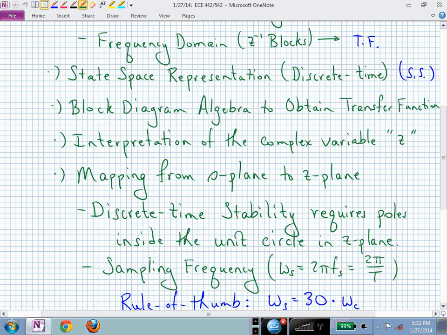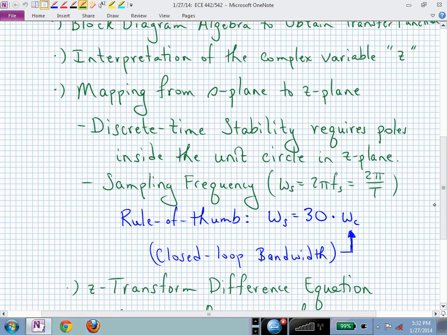In particular, that will illustrate why now we're concentrating on the unit circle in the z-plane for stability versus the entire complex left half plane in the s-plane. The entire left half s-plane maps into this smaller region in the z-plane which determines stability, and that's the unit circle.